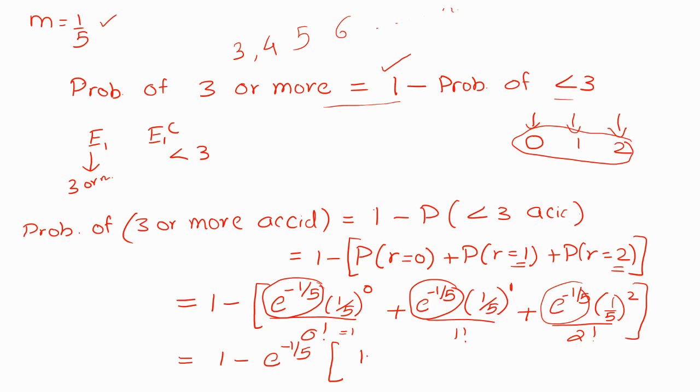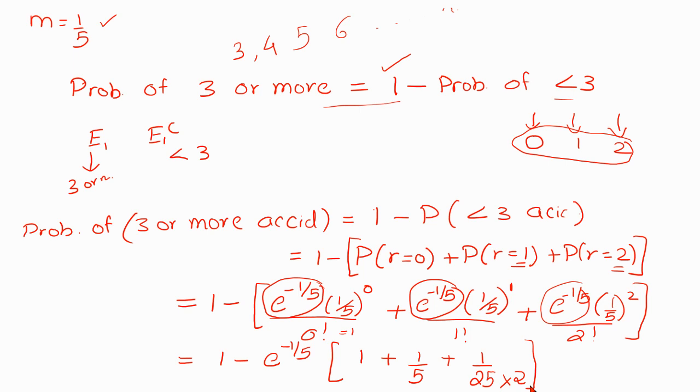So in the first term only 1 remains. From the second term, what remains is 1 by 5 upon 1 factorial. 1 factorial is 1, therefore 1 by 5. From the third one, e raised to minus 1 by 5 has been taken outside, and what remains is 1 by 5 the whole square. 1 by 5 the whole square is 1 by 25, into 2 factorial, and 2 factorial is 2. So this is what I have found.